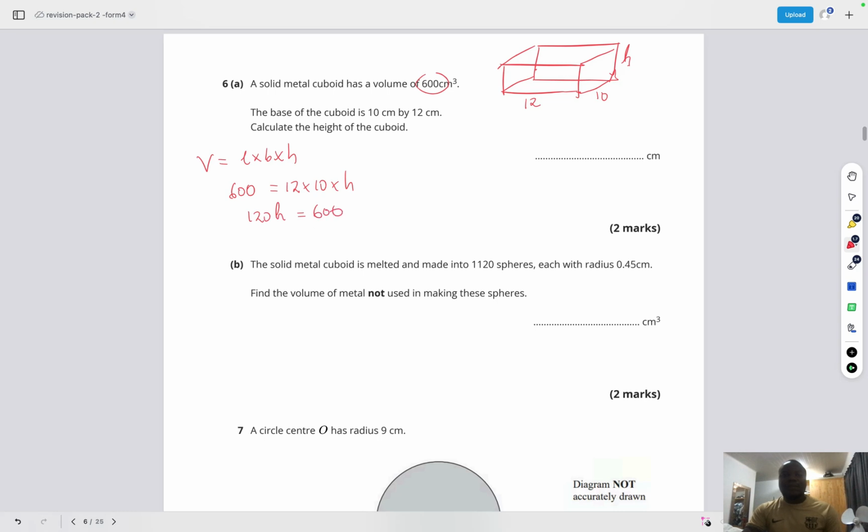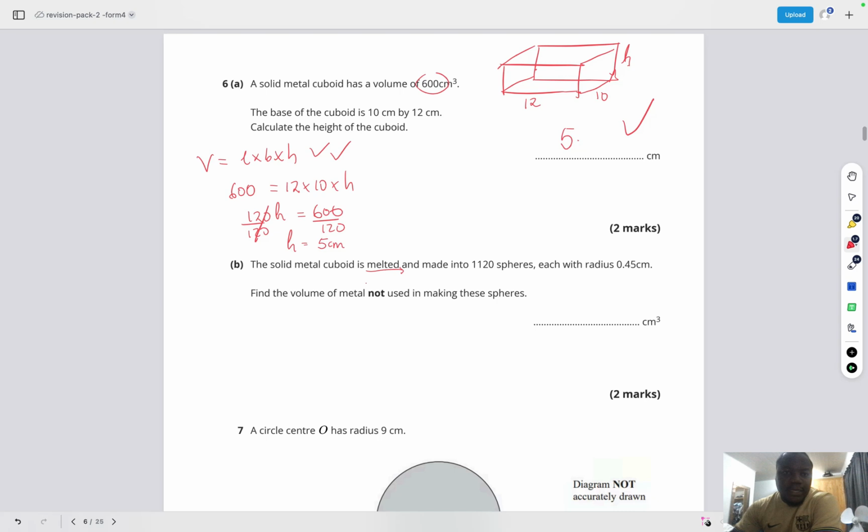We want to find h, so we divide by 120 on both sides. So the height is simply 600 divided by 120. If we do that, we find that the height is 5 centimeters. What was important was remembering the formula, but this is now given in your exams as part of the formula sheet, so you just need to know how to use it.